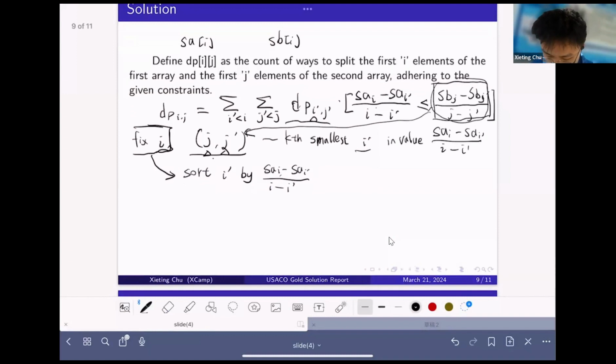We'll find out that if we presort the J, and for each J, we sort the J prime by the value of SJ minus SJ prime over J minus J prime, then we only need to do two pointers to find the corresponding positions and no need to do the binary search. So the log in the binary search can be omitted, and then we can easily get an n cube solution. And that's how we do this.